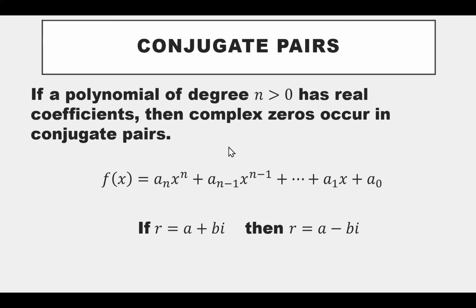Well, if I know my polynomial starts out with real number coefficients, then the complex roots or the complex zeros have to occur in conjugate pairs. So if we have real number coefficients, then the complex roots or complex zeros occur in conjugate pairs.